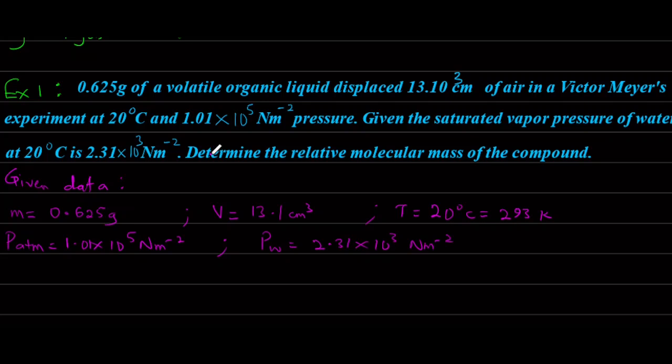Since the unknown is the relative molecular mass, and we are given the P of atmosphere and P of water, the first thing is to get the pressure of the gas. So we start from the P of gas relation, which is given as the pressure of atmosphere minus the pressure of water, equation 1.